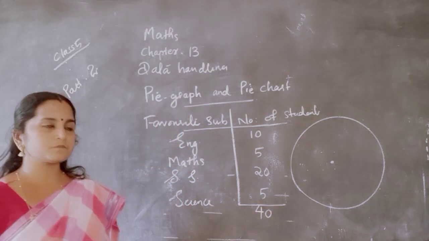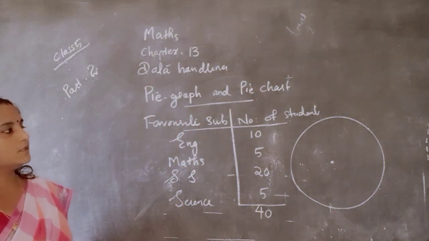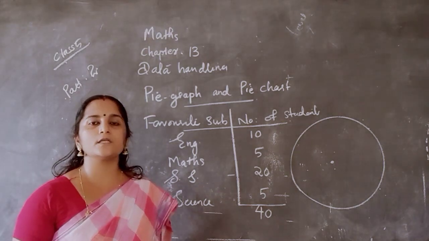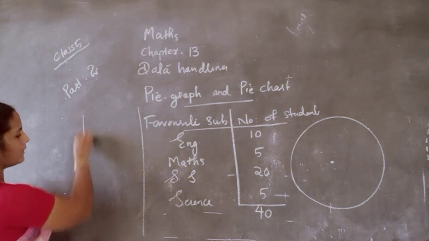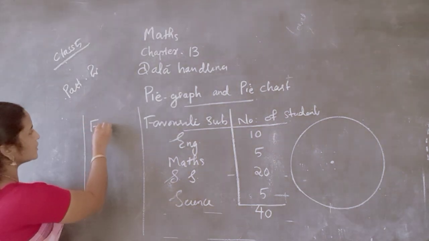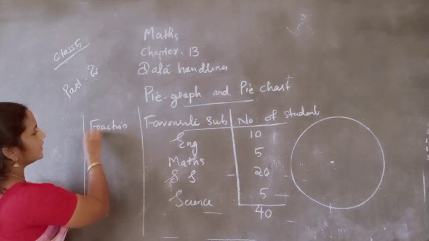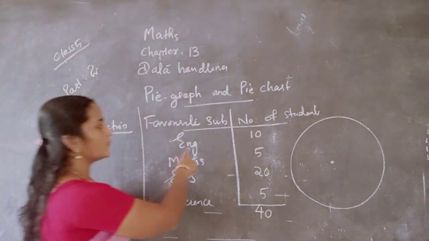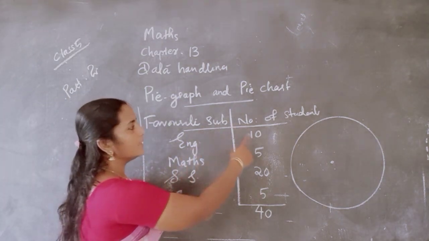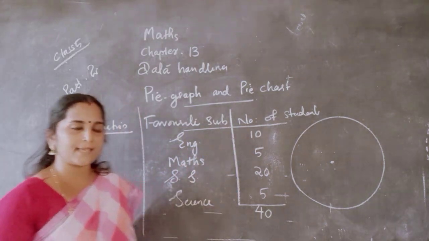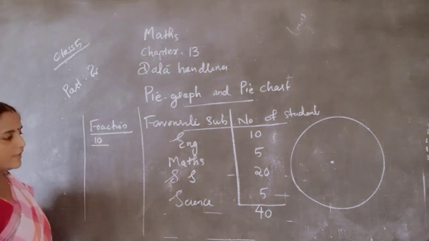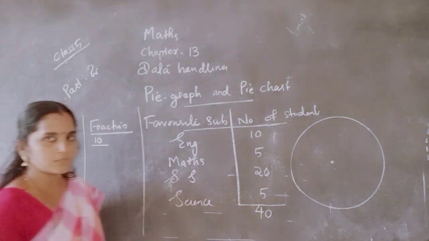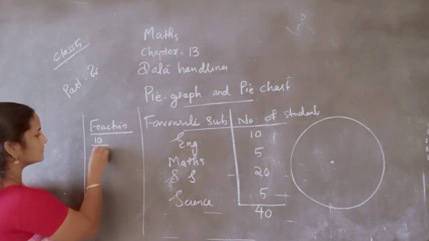So first you find out the fraction corresponding to each subject. Draw a column for the fraction corresponding to each one. Corresponding to English, number of students is 10. So you write the fraction 10 divided by the total number of students, 40.